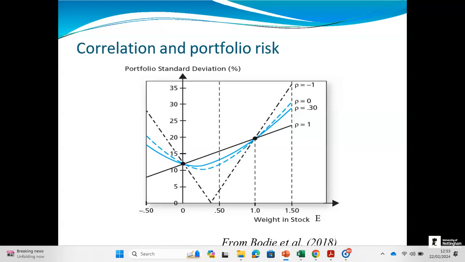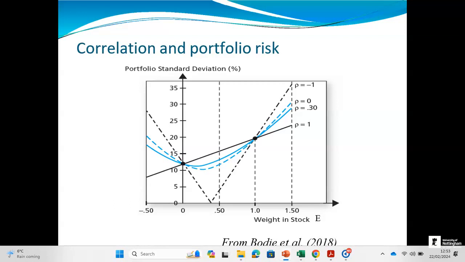Okay, so these blue lines show you the risk of different portfolios as you change weights of stock D and E. Good.